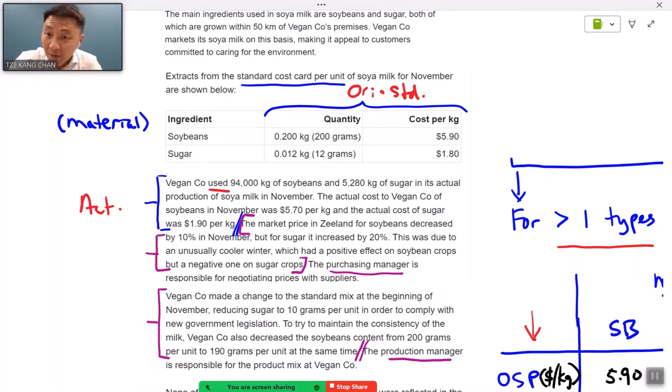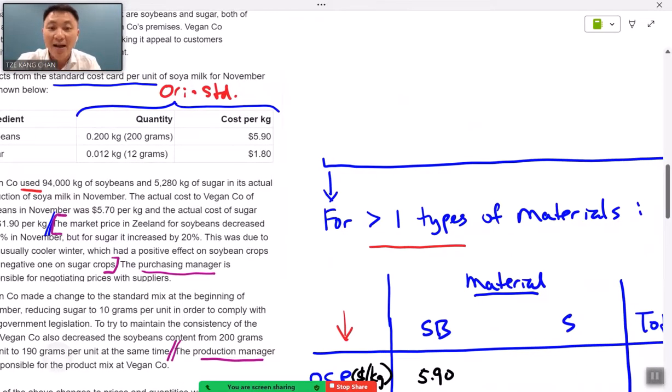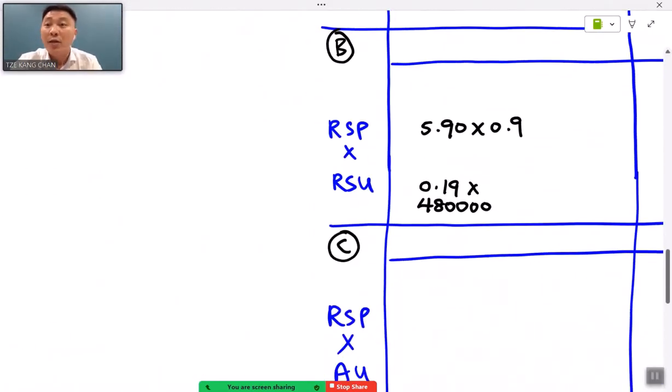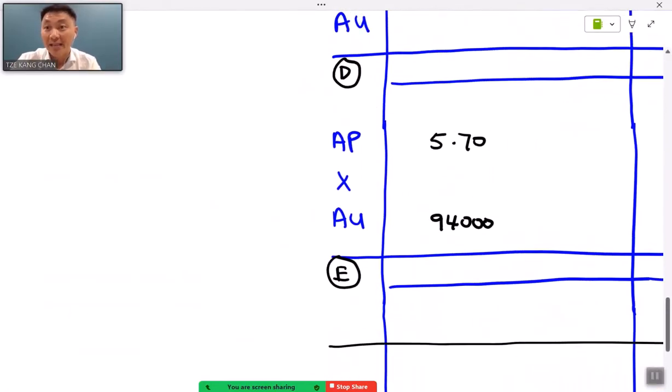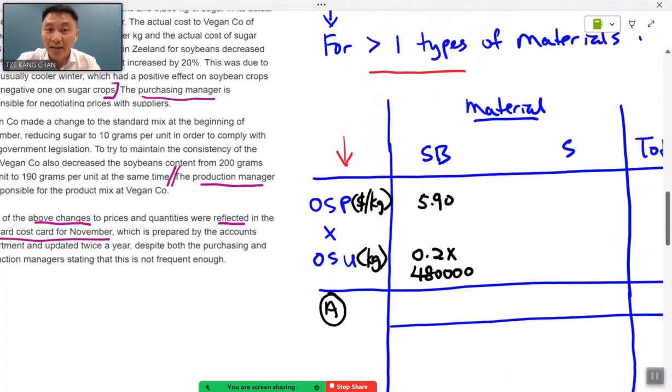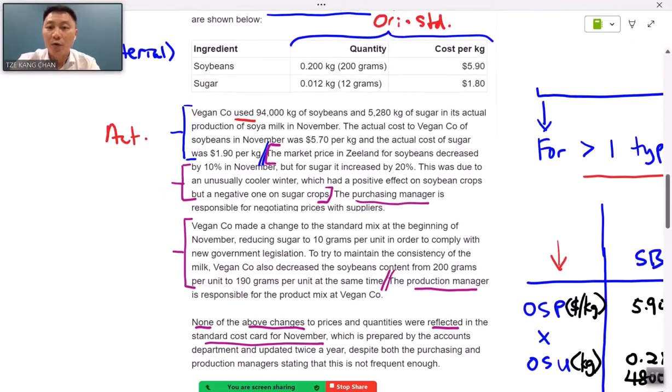So what you have to do is just take all the relevant actual data and feed it into the item found on the last column that we have discussed a while ago, showing the actual result on the price and usage. That's how the figure was extracted for soya bean from this paragraph.